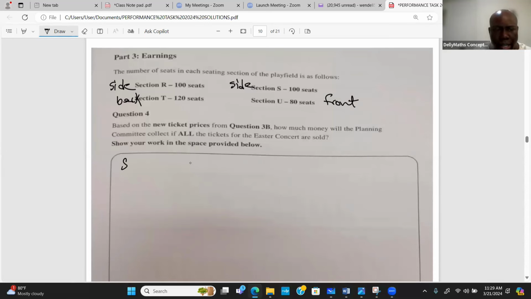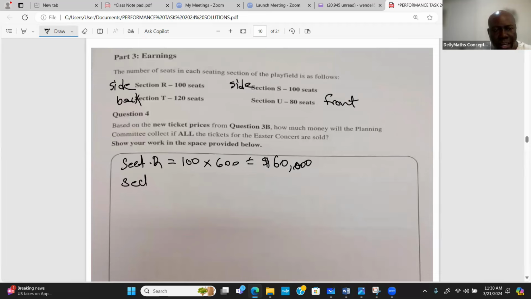All right. So let us say we're working out the money that they'll make for section R. So it's 100 seats and we have $600 for that seat. So you take your time, you work it out. So it's 100 times that. That's about $60,000 right there.